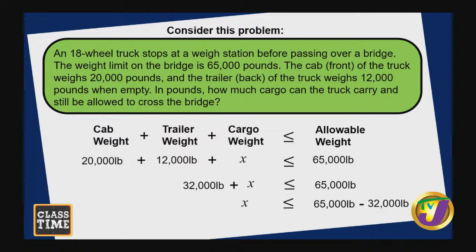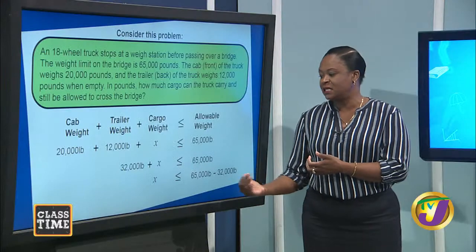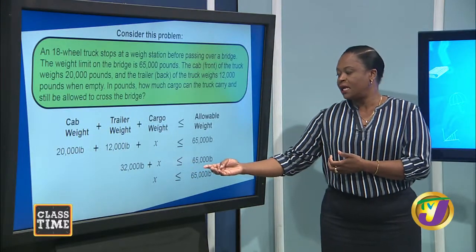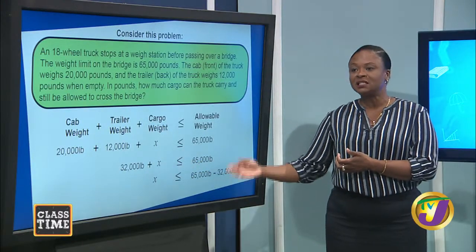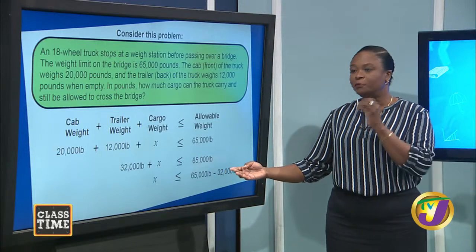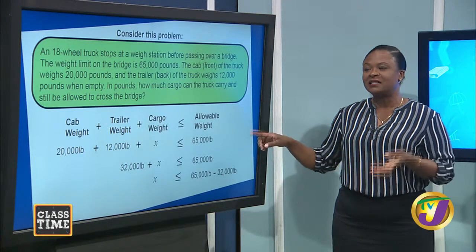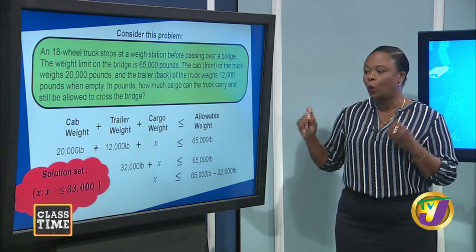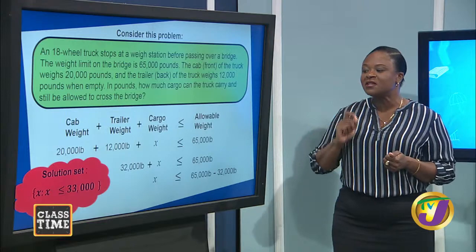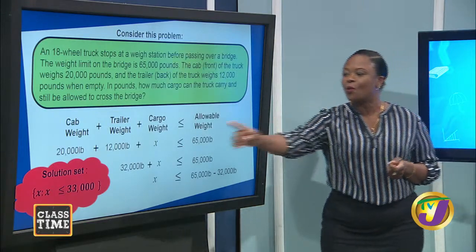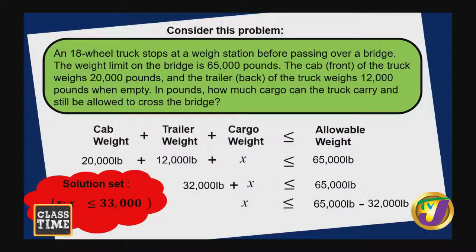And of course, based on the conversations we've had before, you have taken us through the solutions for the inequalities, where X is less than or equal to 65,000 pounds minus 32,000 pounds. With that, the value of X would be 33,000 pounds.